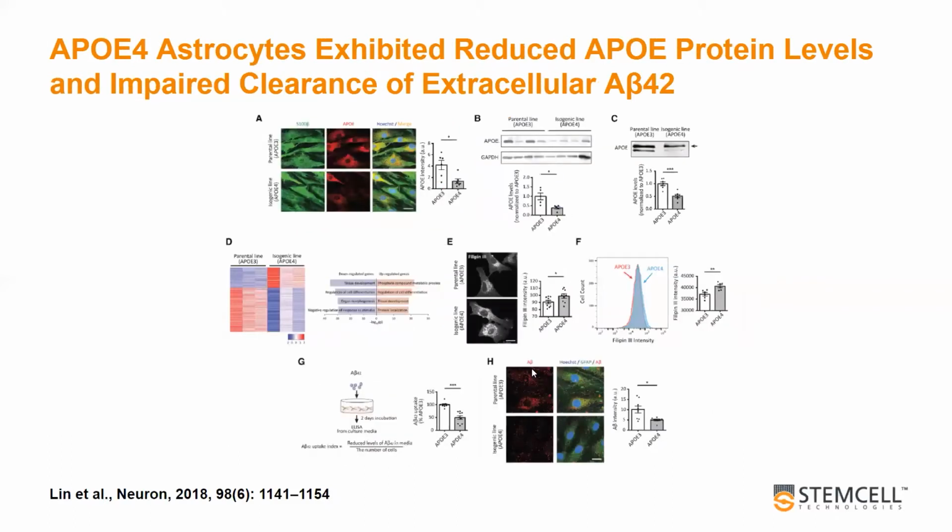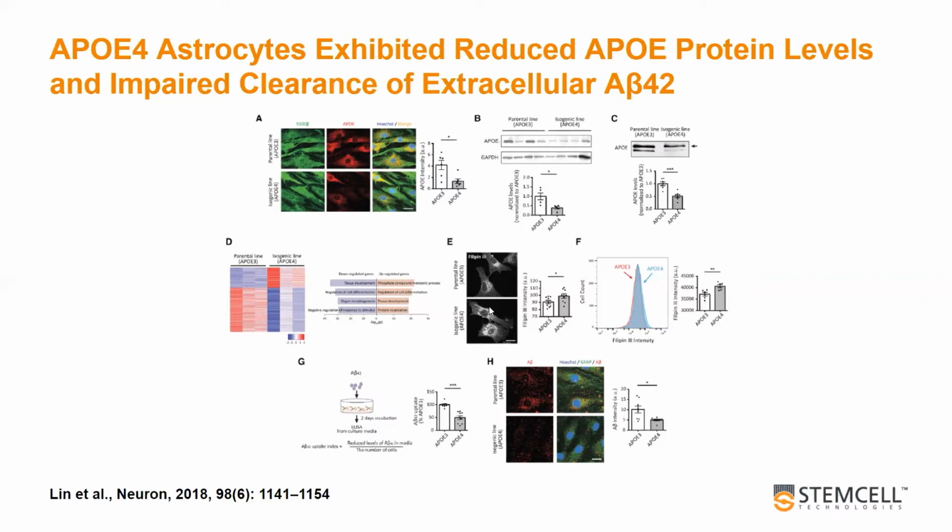So how about astrocytes? First, they showed that the ApoE protein levels were reduced in ApoE4 astrocytes. They also found about 1,300 differentially expressed genes between ApoE4 and ApoE3 astrocytes.